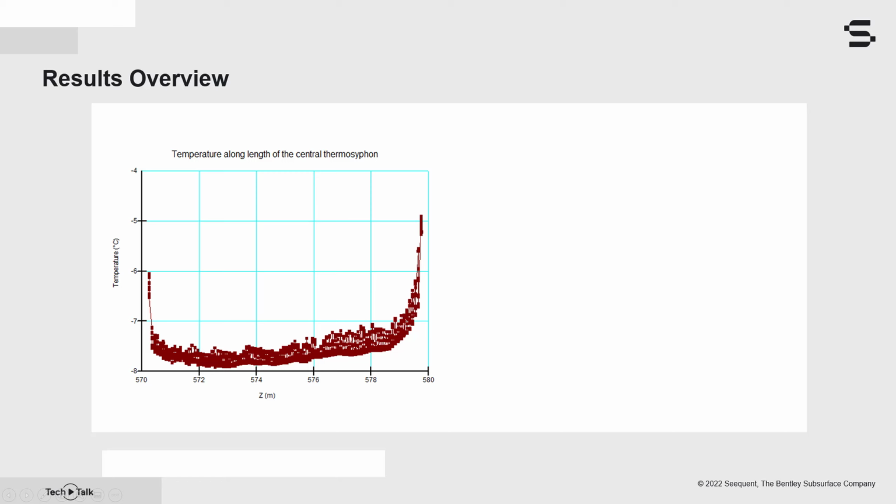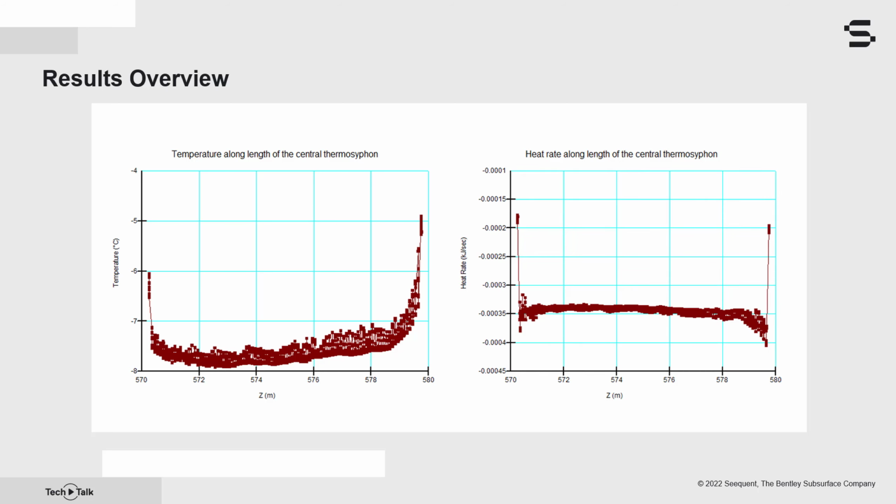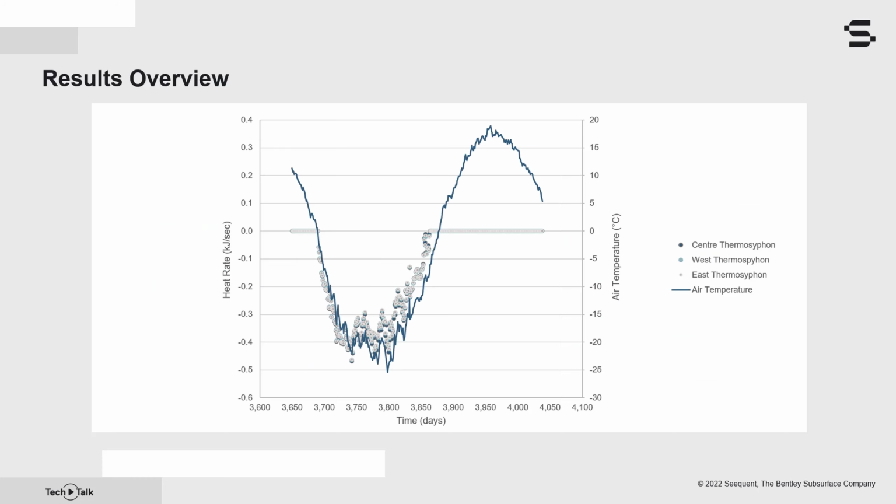Let us take a closer look at the results from the active permafrost protection analysis. Here you can see that the temperature varies along the length of the thermosyphon evaporator. Consequently, the heat rate varies along the length of the evaporator due to these spatial differences in temperature. Heat flow over the entire thermosyphon evaporator face was summed.